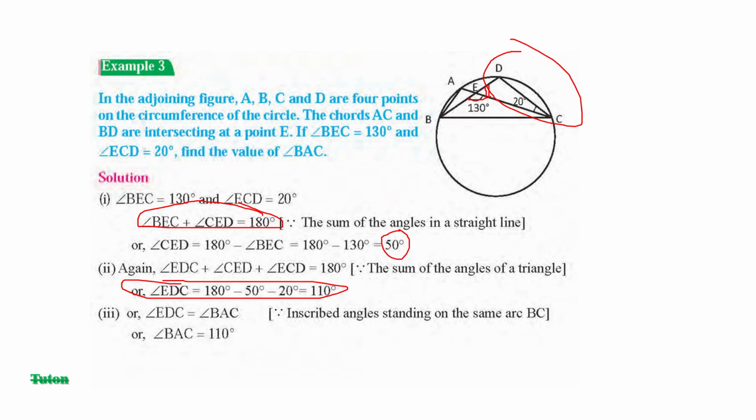Since angle BDC and angle BAC are on the same arc BC, as suggested by our theorem 2, the angle BAC and angle BDC, which are on the same arc BC, should be equal. So finally we have got the value of BAC as 110 degrees, which is equal to angle EDC.